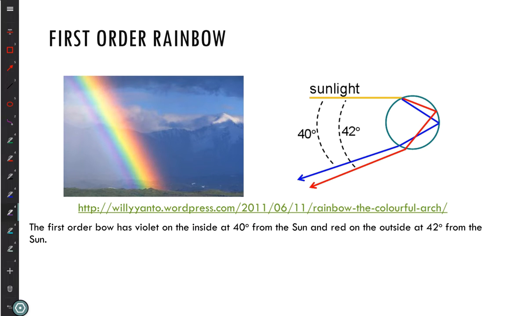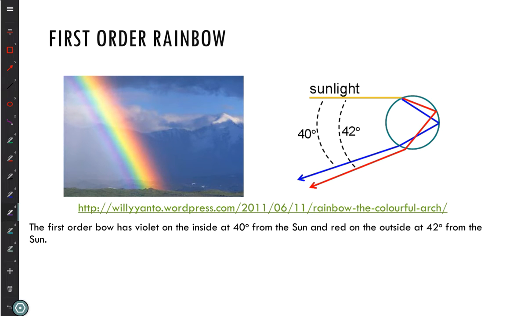Now I said up, but those angles are fixed. So that means if the sun's over there, it's always going to be 40 degrees from the sun to where I see the violet. So the sun goes here, I just look through my head and say, okay, 40 degrees from there, there's the violet making a circle. And if I go up to 42 degrees from there, I'm going to have the red making its circle.